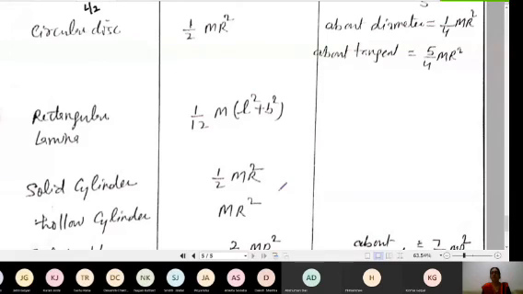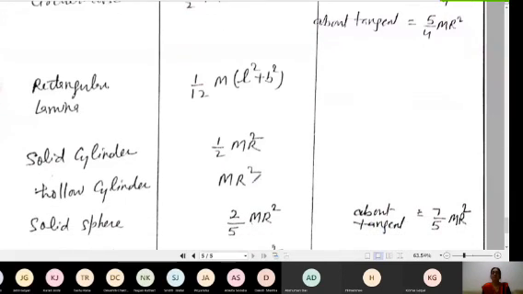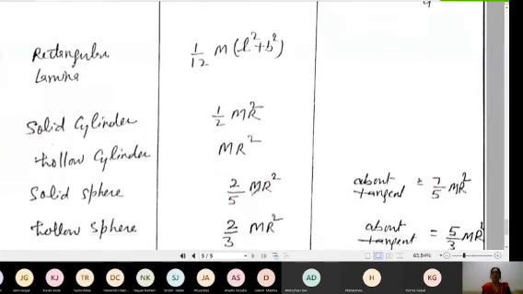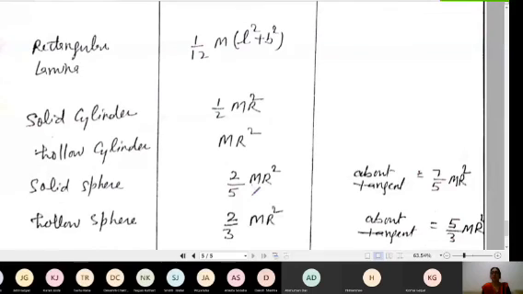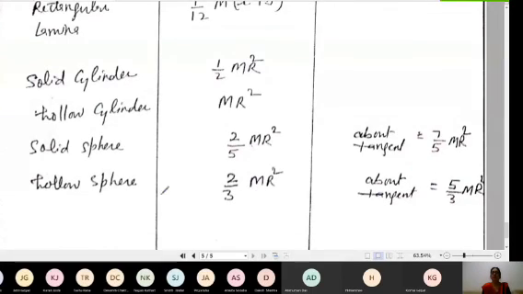For a solid cylinder, of course it will be the same as that of a disc, that is half mr square. For a hollow cylinder, it is mr square, similar to a ring. For a solid sphere, we get 2 by 5 mr square. For a hollow sphere, it is 2 by 3 mr square. So this column you need to keep in your mind, and these values you can calculate as per the requirement.